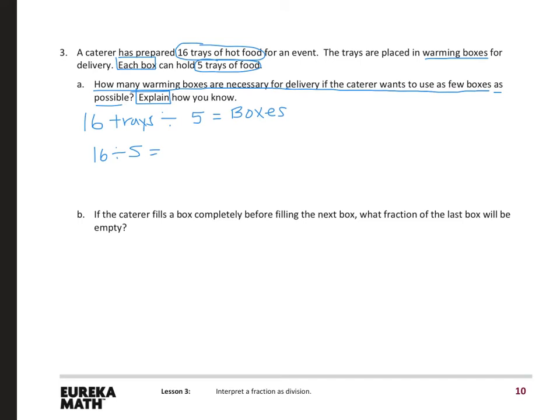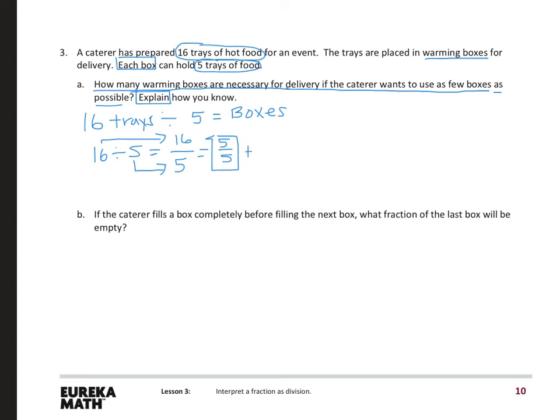Now remember that trick that we were learning about. Division is the same thing as a fraction. 16 divided by 5. Our dividend becomes the numerator, 16 over 5, because our divisor, the second number, is our denominator. Okay, 16 over 5 is our fraction. Let's pull out some wholes. Well, I can pull out 5/5. That's a whole right there.